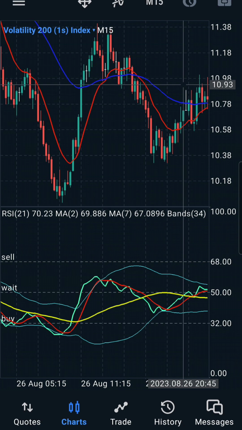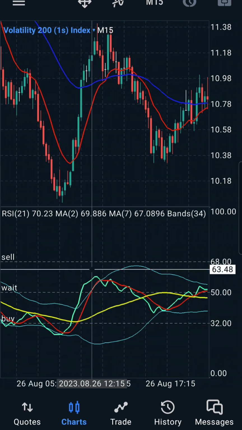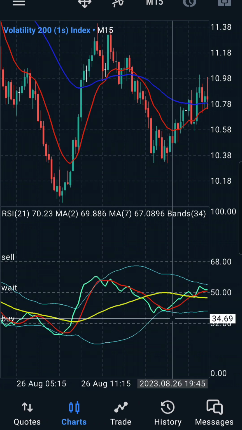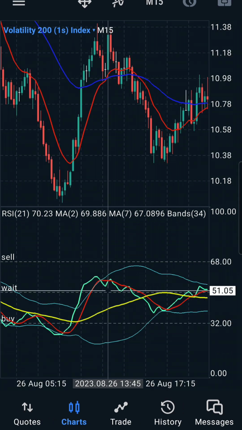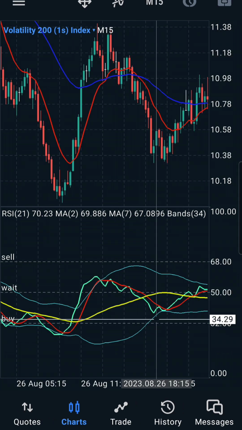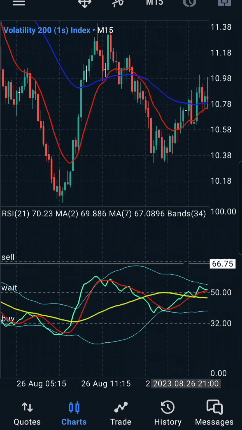I hope you get the point. So here it will be break outside the band, break outside the band, break outside the band, which is equal to just a W. It will give you a nice W.